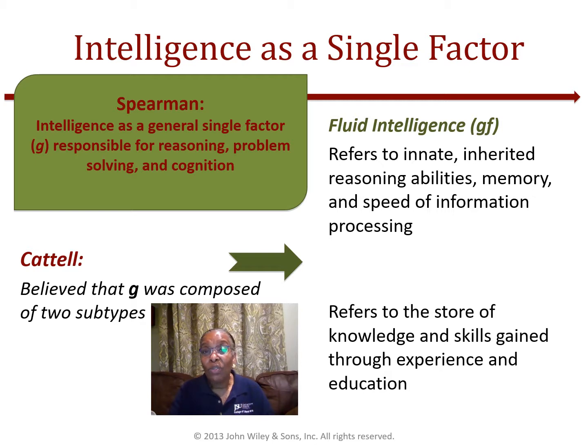And this is referring to our innate and inherited reasoning abilities, our memory, as well as how speedy we are within information processing. Fluid intelligence is relatively independent of our education as well as experience, and like other biological capacity, it doesn't really decline with age.